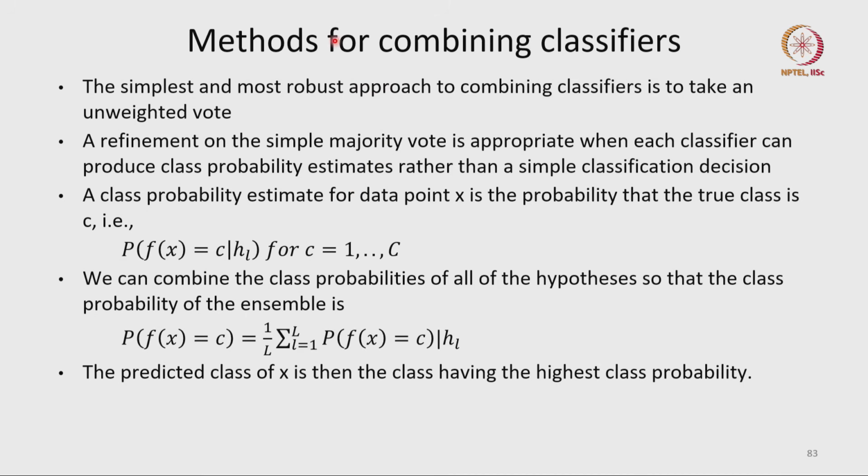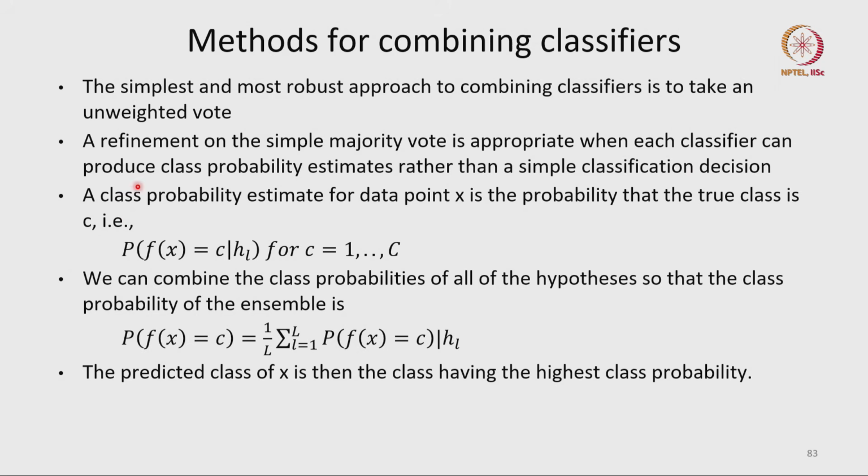Okay, now we need to see what are the methods for combining these classifiers. Once you get the class labels as the output, how do you combine these? Okay, the simplest and most robust approach is to take the unweighted vote, in other words the majority vote, like we said. A refinement on this is when each classifier can produce class probability estimates, okay, rather than a simple classification decision.